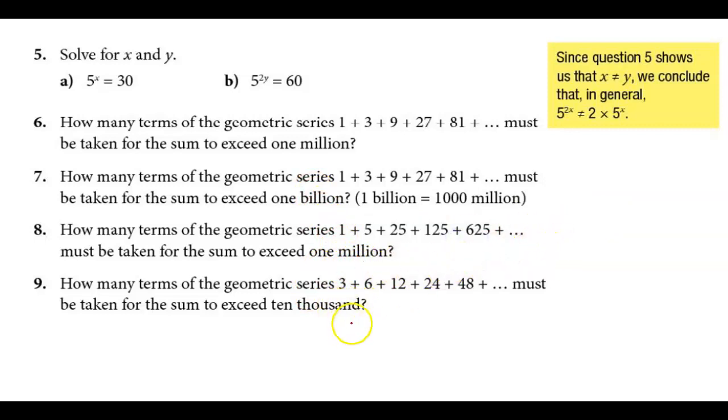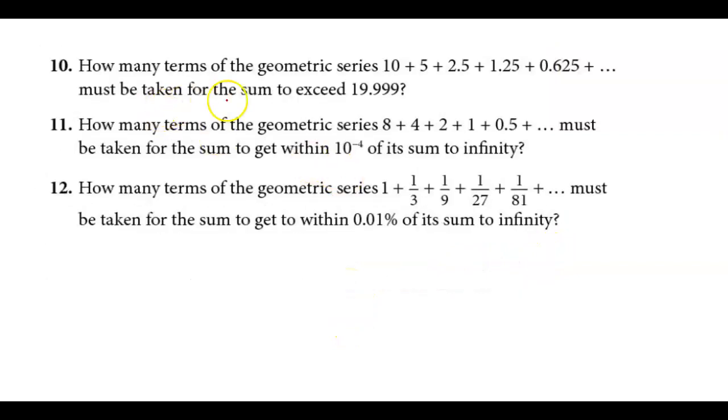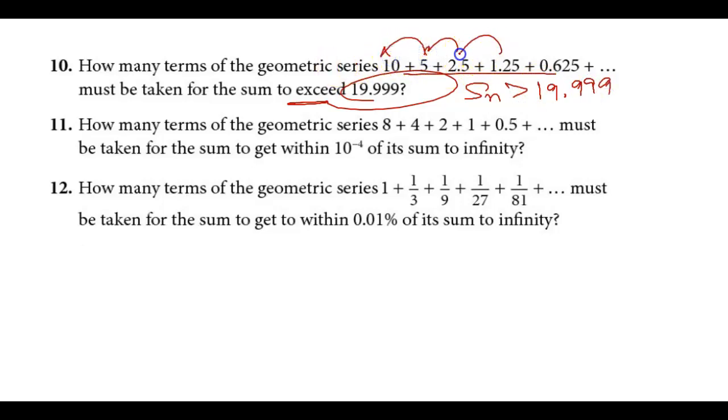Okay, let's move ahead. How many terms of the GP? This is again a GP. Your sum must exceed 19.999. So first of all, you need to find the common ratio. 5 divided by 10 is 1 by 2, that is 0.5.